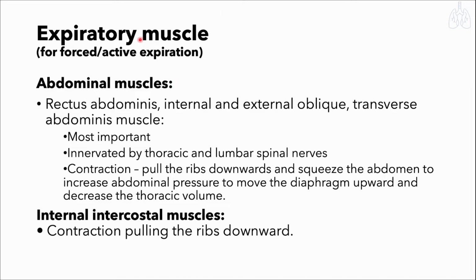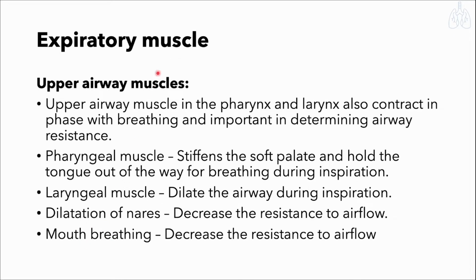In the expiratory muscles during forced or active expirations, you will have the abdominal muscles and the internal intercostal muscles. Remember internal intercostal for expiration. In the upper airways, you will have the upper airway muscles in the pharynx and the larynx.